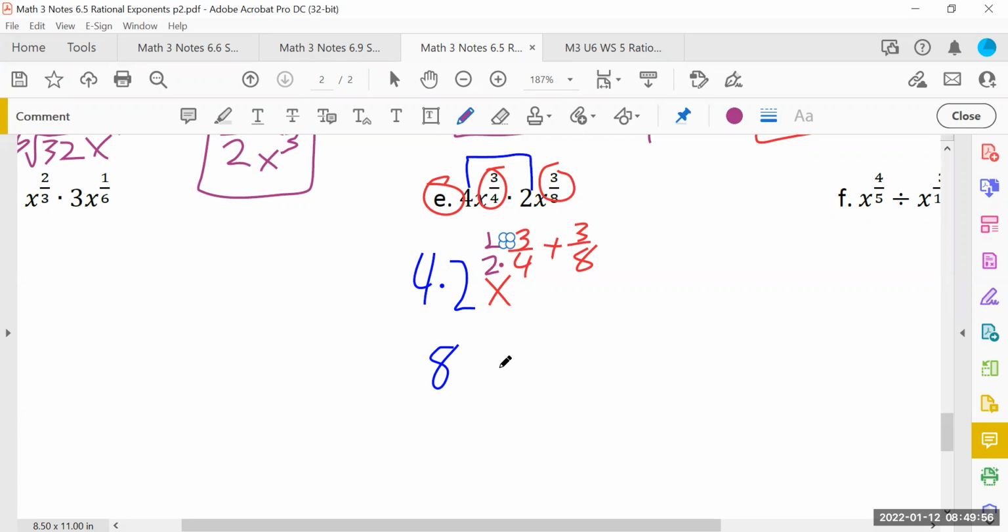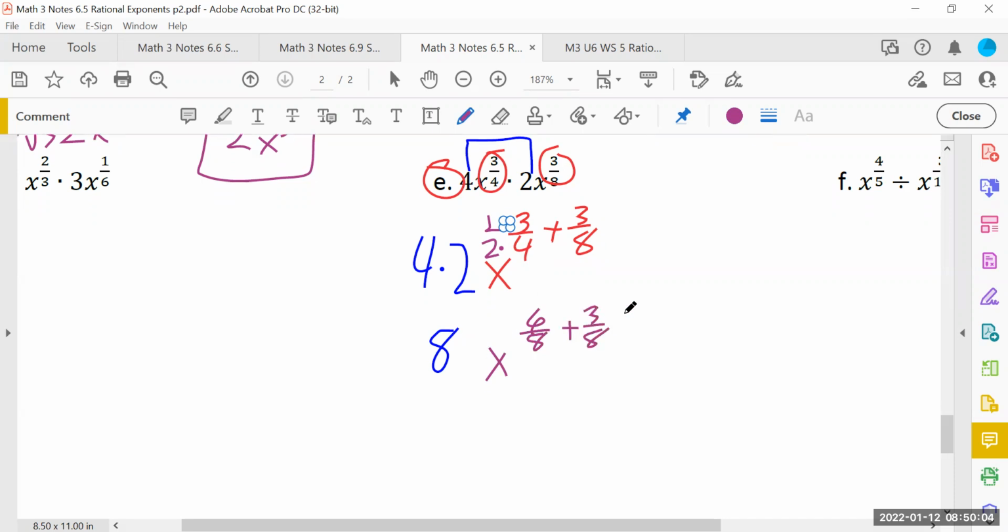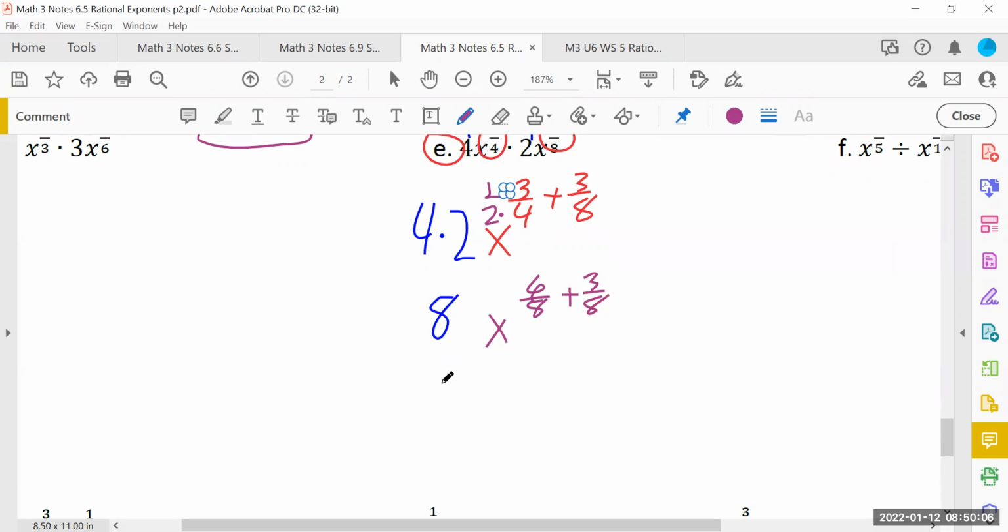So really, this is going to be x to the 6 over 8 plus 3 over 8. And then we add like normal. My final answer is 8x. Remember that once you have the common denominator, that's the denominator still, but you add the tops. 6 plus 3 is 9.